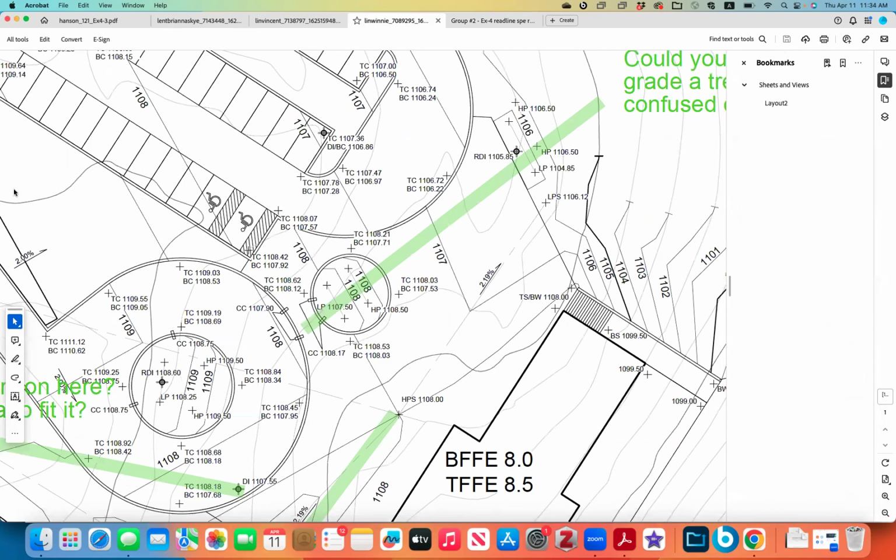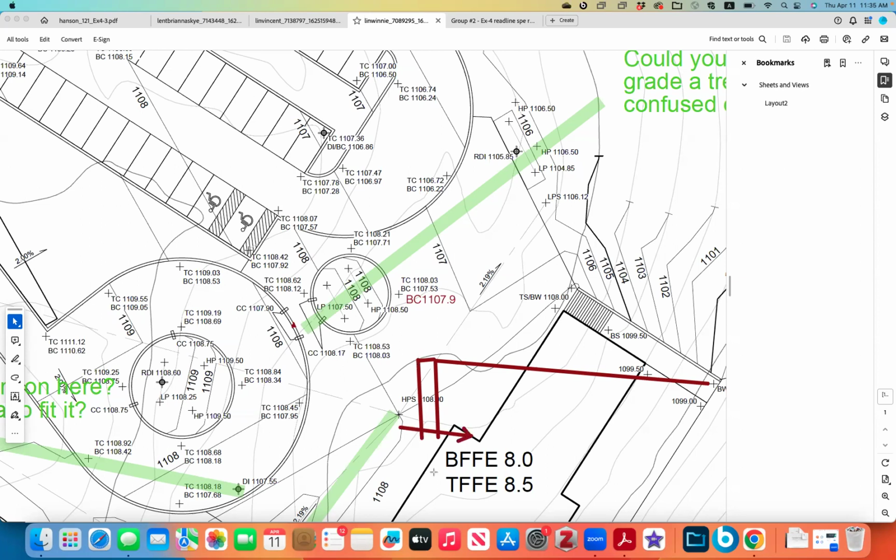So what you would need to do is figure out the lowest elevation here. It's likely going to be 1107.9, for instance, in terms of BC, right? Bottom of the curve. And now imagine I'm cutting, no, this is the plaza, and this is my curb, right?